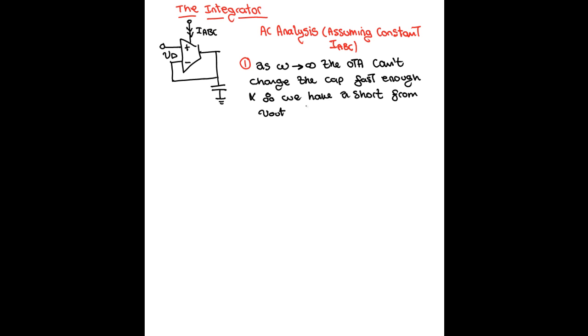So this is V out to ground. Well, let's call it just out since it's marked. Okay. And in this case, you're gonna have just that V out is equal to 0 volts.